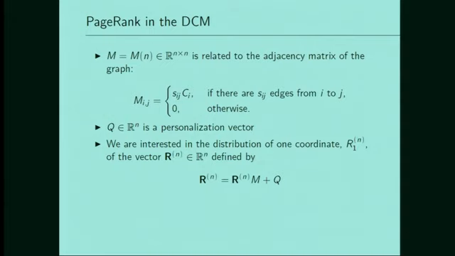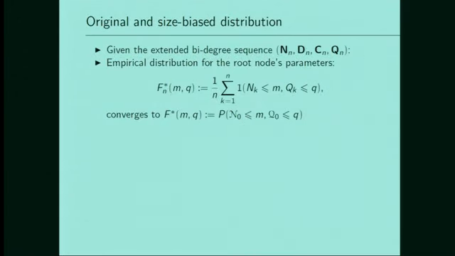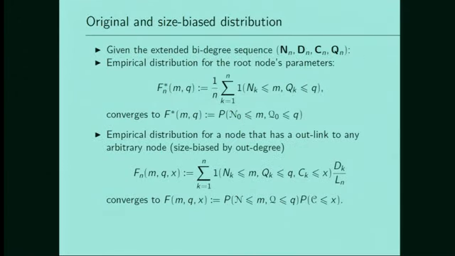Because without loss of generality, we can simply consider node number 1, right? So what we want to know, if this is the solution of this equation, where the matrix is generated by the directed configuration model, what is then the distribution of the first coordinate? So that's the question. And we will do it by coupling with a branching process.